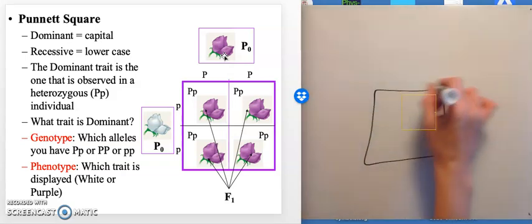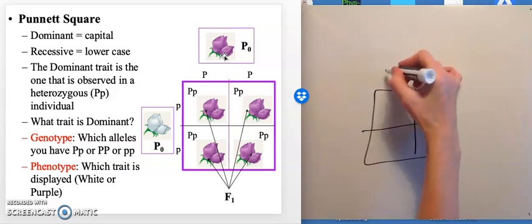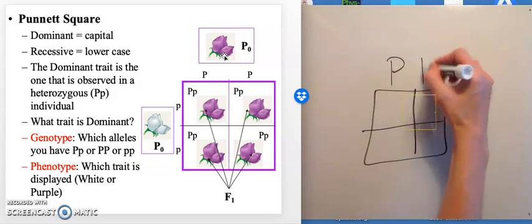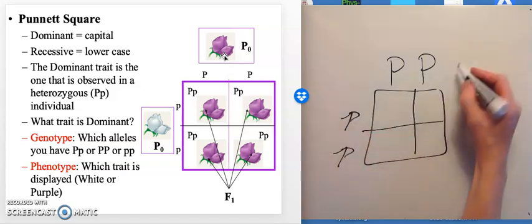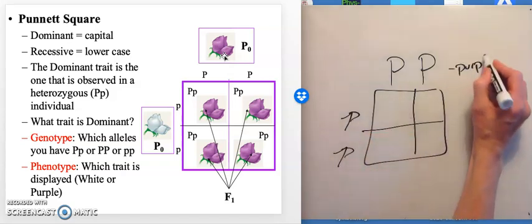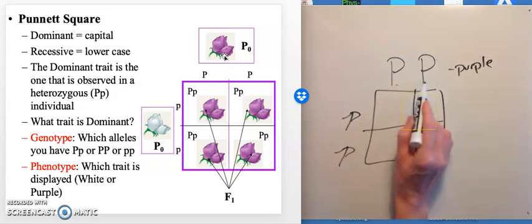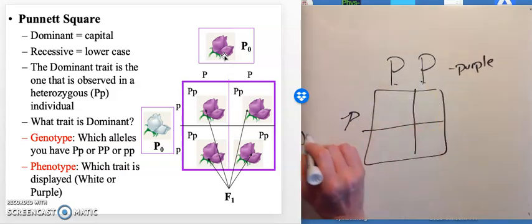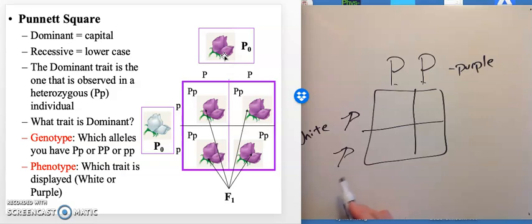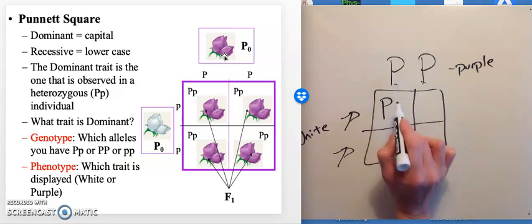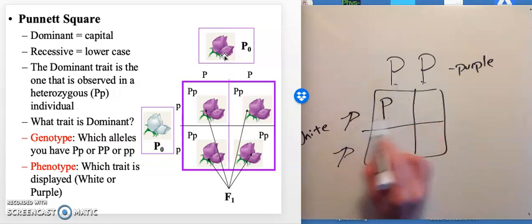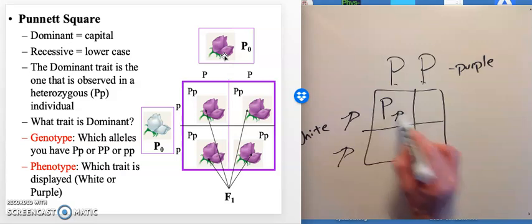Those true breeding parents had two copies or two alleles that were identical to each other. These are the purple parents, and they had two copies of the purple gene. These are the white flowered parents, and they had two copies of the white gene. In the hybrids, they got one purple copy of the gene from this parent and one white copy of the gene from the other parent.